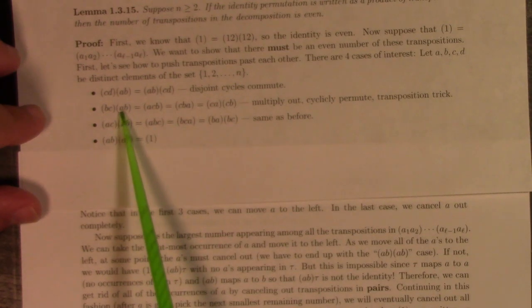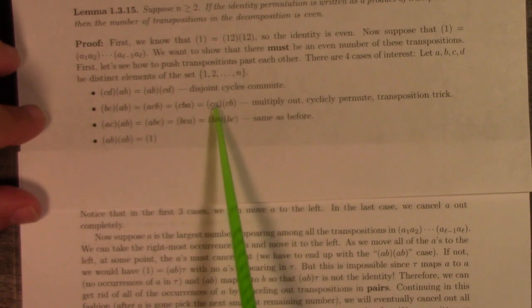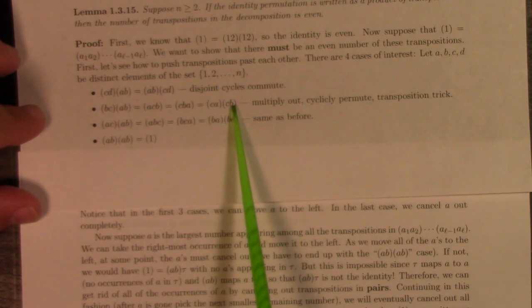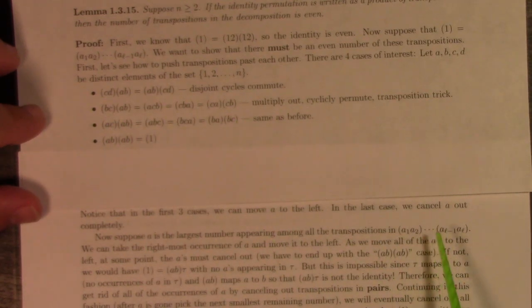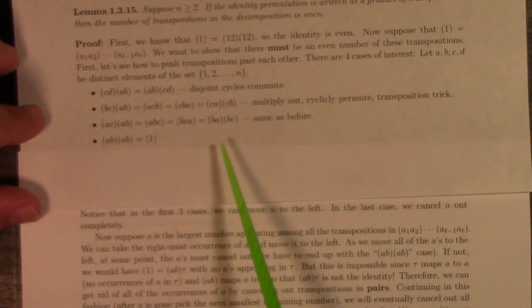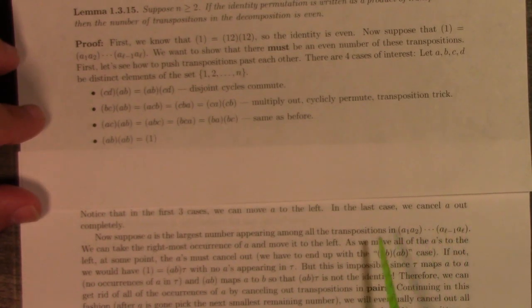That can be rewritten as (A C)(C B). So we can move A to the left. In this one, A is already on the left, right? And then in the last case, A is canceled out completely.